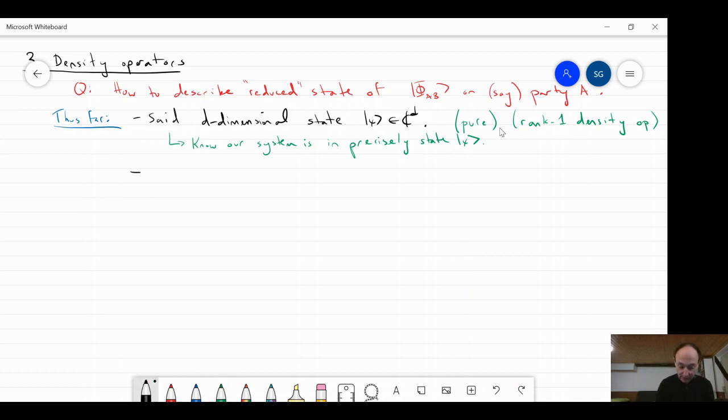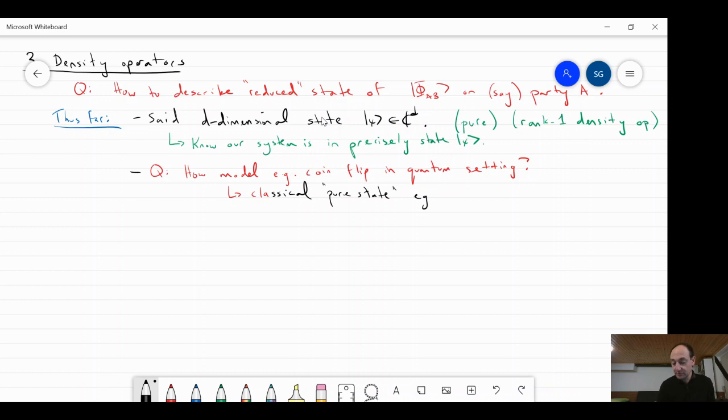So here's the motivating question. How do we model randomness, for example, a coin flip? The analogous thing for a pure state would be a classical pure state, which is well defined, for example, 0 or 1.